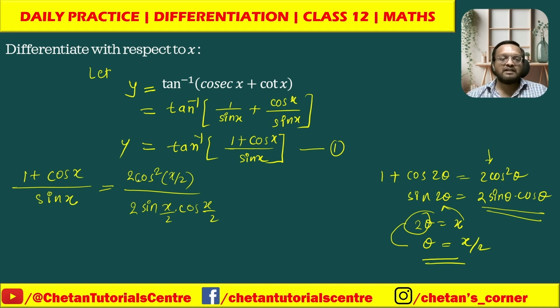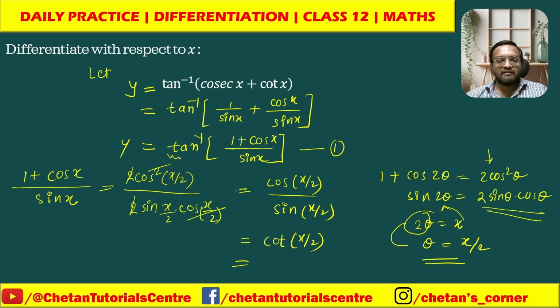Now here you can see that we have 2 in the numerator and denominator, they both will get cancelled. Then we have cos square x by 2 in the numerator and in the denominator we have cos x by 2. So 1 cos x by 2 in the denominator and 1 cos x by 2 in the numerator will get cancelled out, and we will be left with cos x by 2 divided by sin x by 2, which will be equal to cot of x by 2.